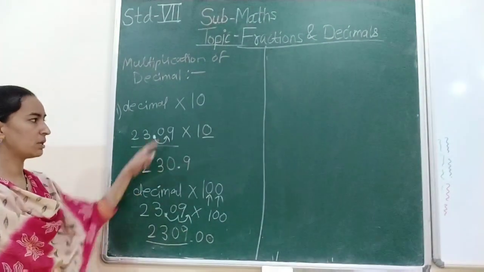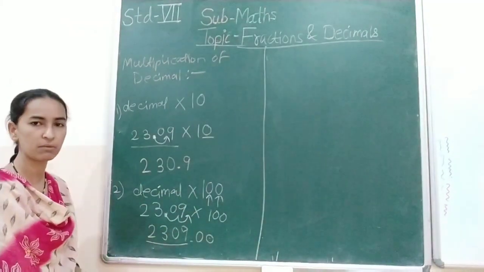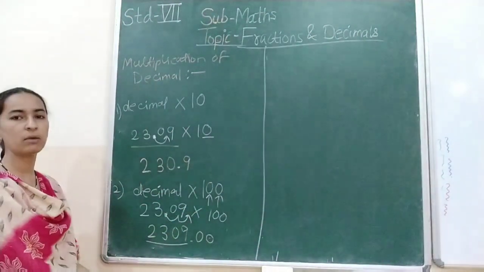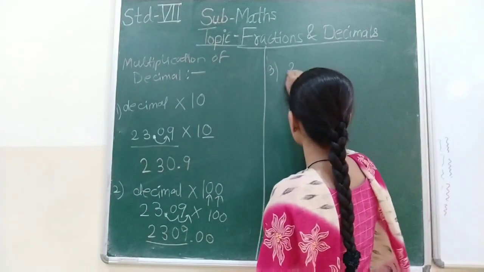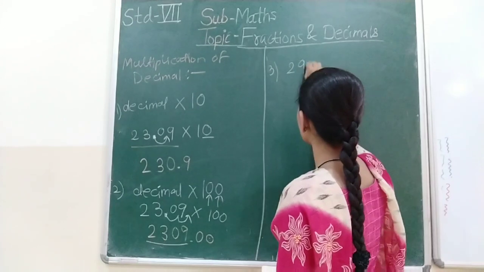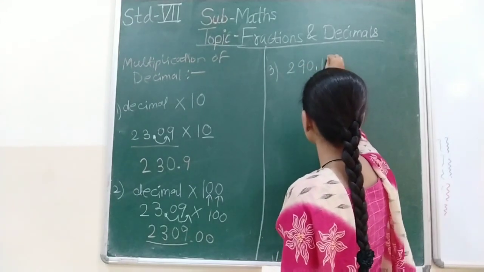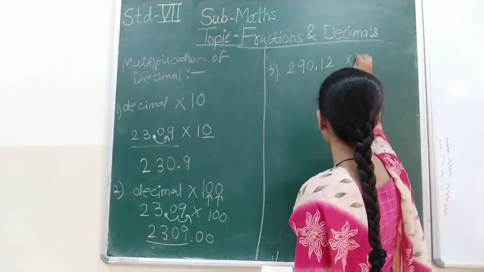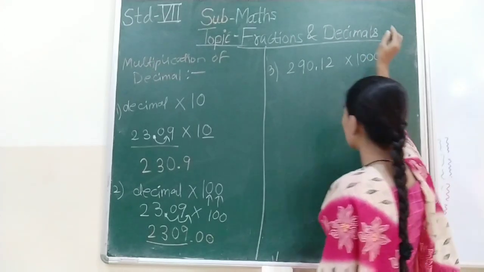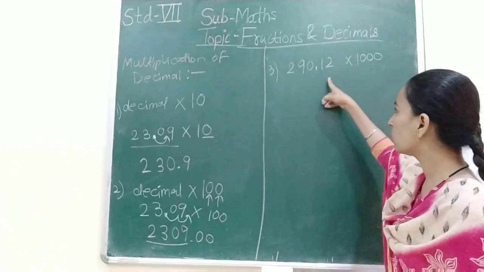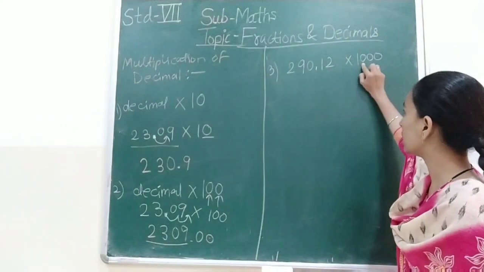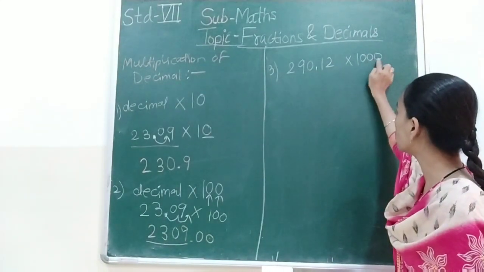Understand? When we are multiplying by 10, when we are multiplying by 100, if we are multiplying by 1000, what will happen? See the third case. If the number is 290.12 and if I am multiplying by 1000, my point will be shifted towards the right by how many places? 1, 2, 3.